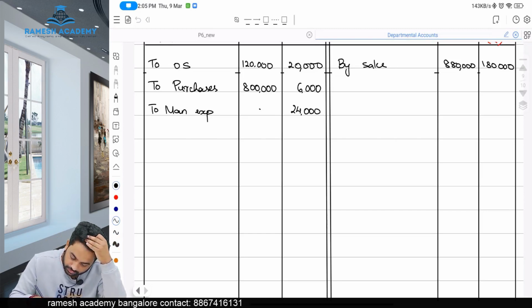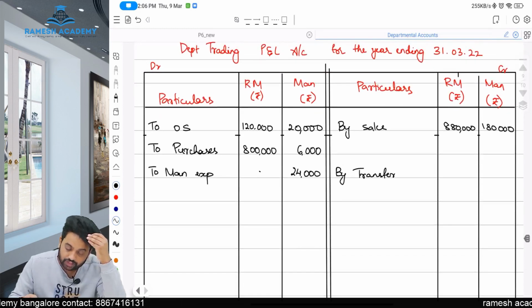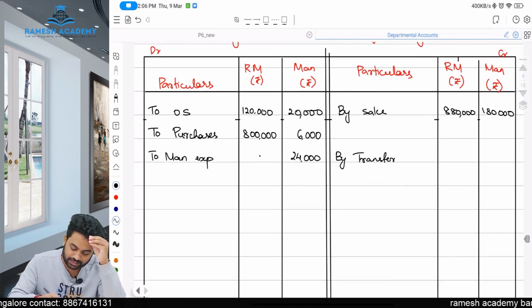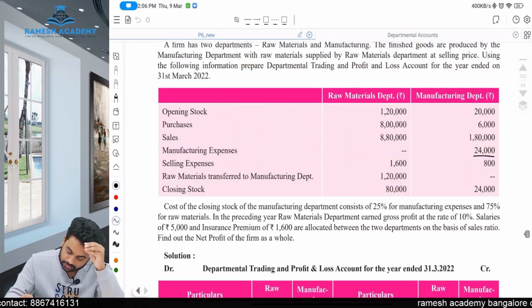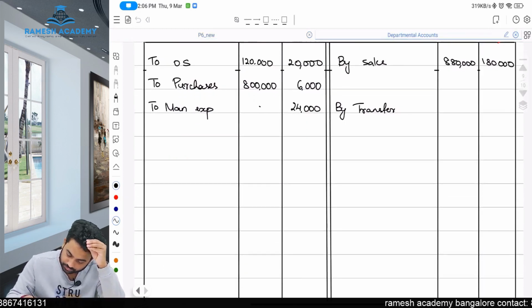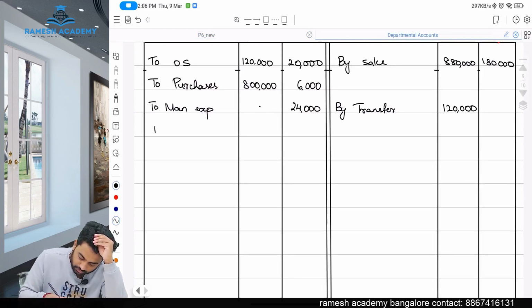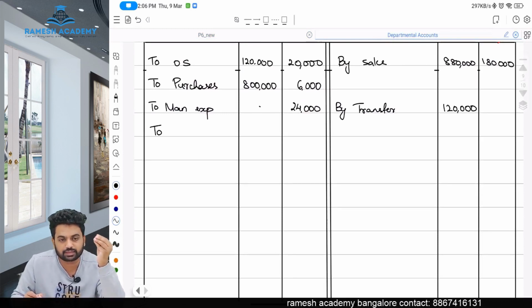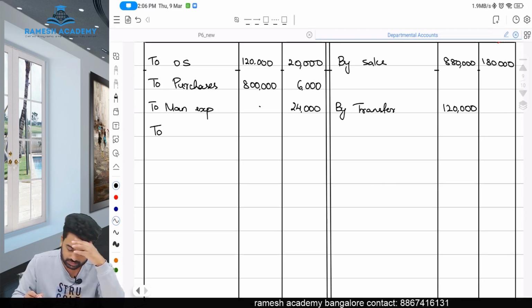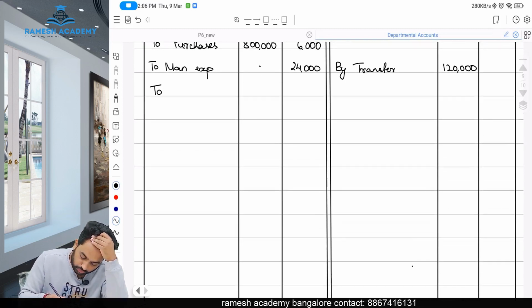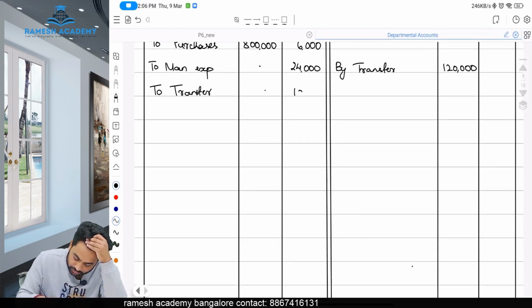So here, by transfer, for the raw material department it's a sale. So on the credit side for the raw material department, 120,000. Debit side for the purchasing department. Who is the purchasing department? Basically your manufacturing department. So to transfer 120,000.